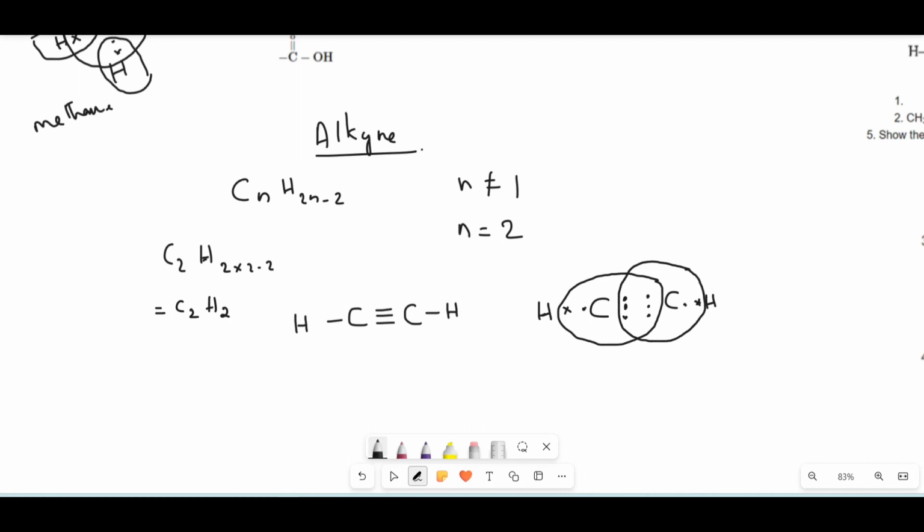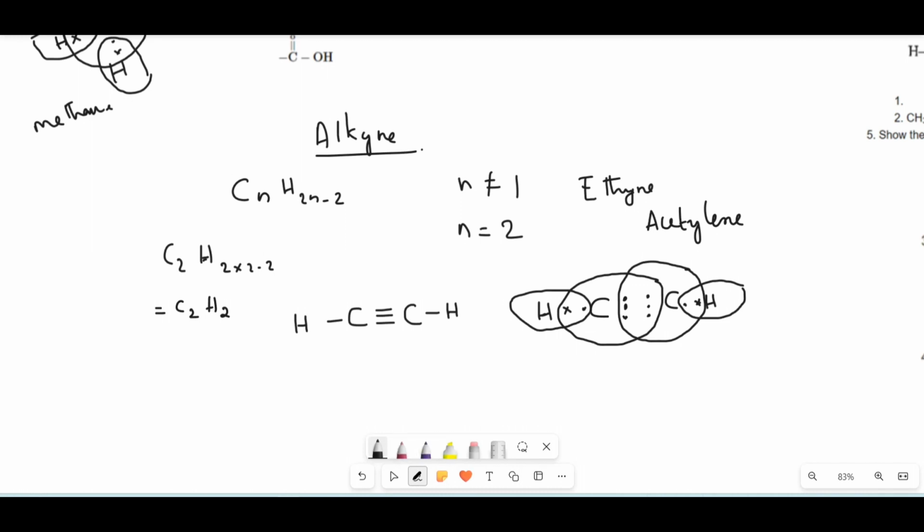So this is the electron dot structure of 2 carbon atoms, and this hydrogen separately you have to draw in this way. Okay, now this is the electron dot structure of the first member in the alkyne series. Its name is ethyne, or the general name is acetylene, ethyne or acetylene.